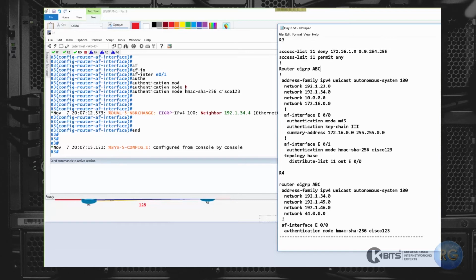What is the difference? SHA is much more secure. Good guys, everybody okay with this? ABC is locally significant, yes.